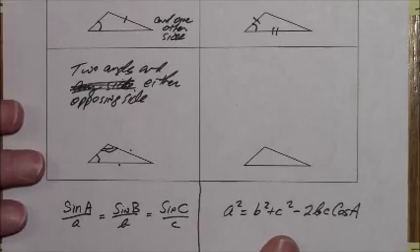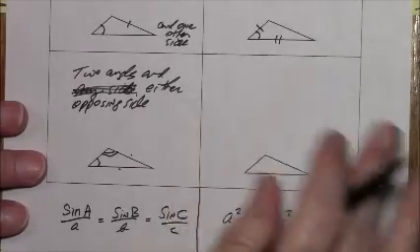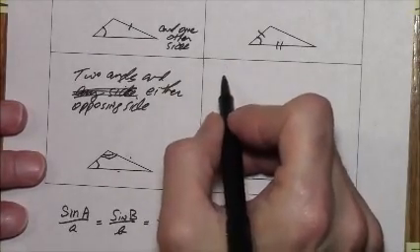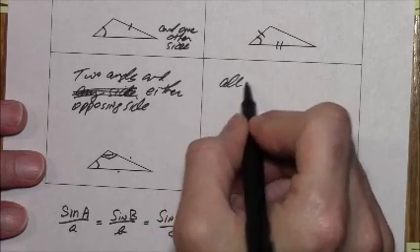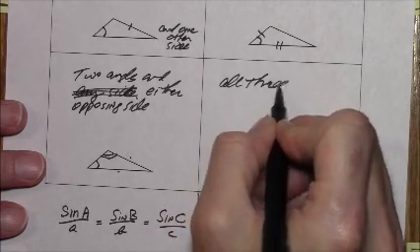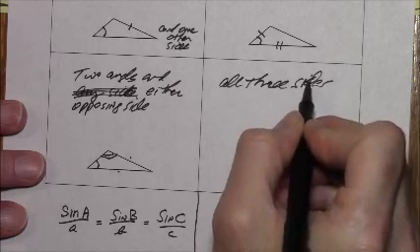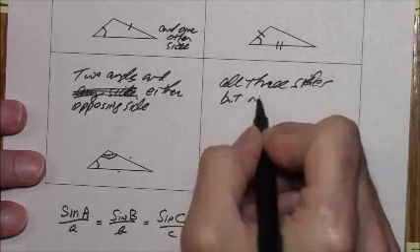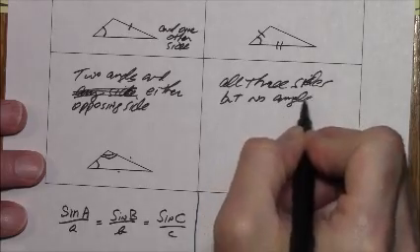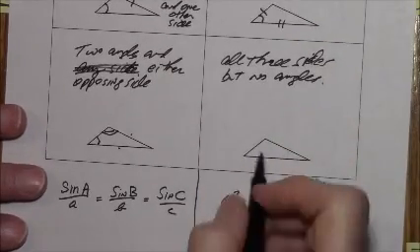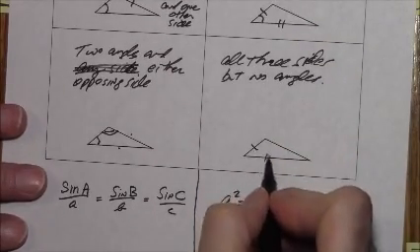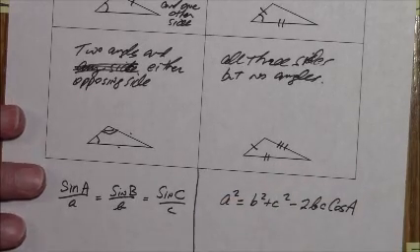And then this one would be if you had all three sides, but no angles. Okay, so we'd have this one, and this one.